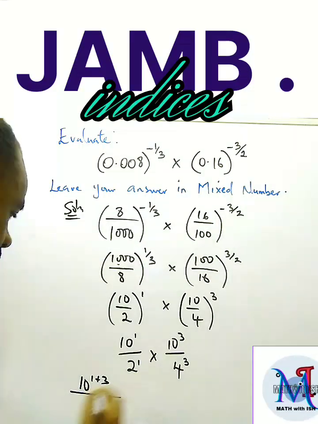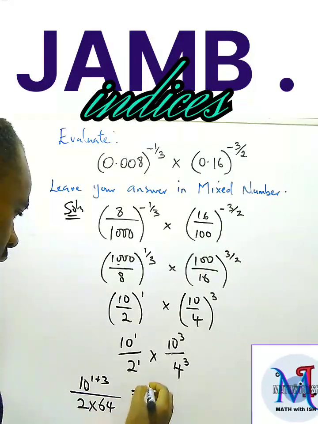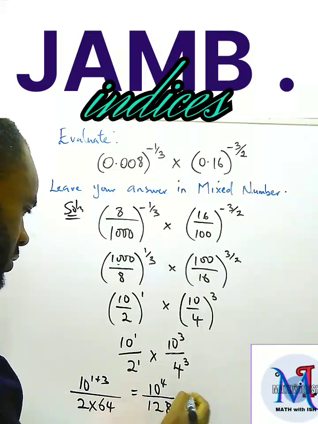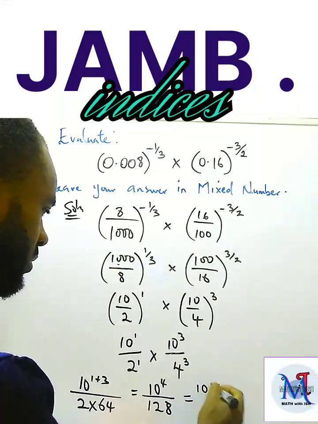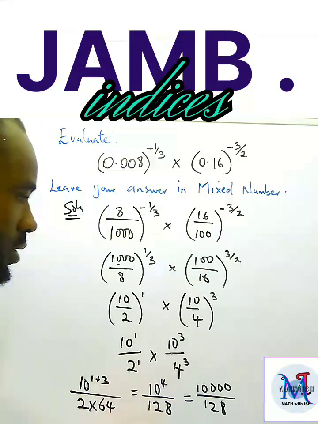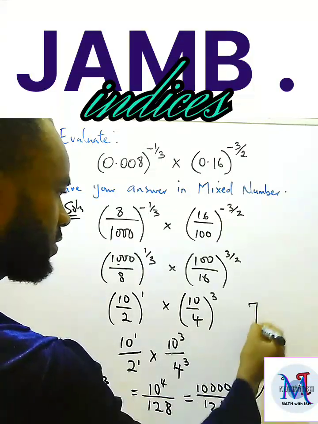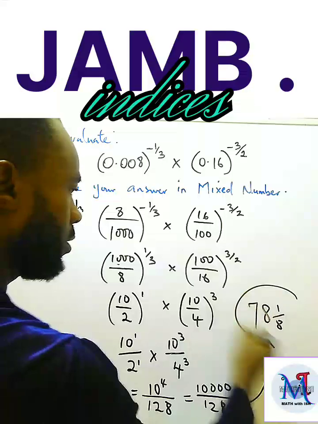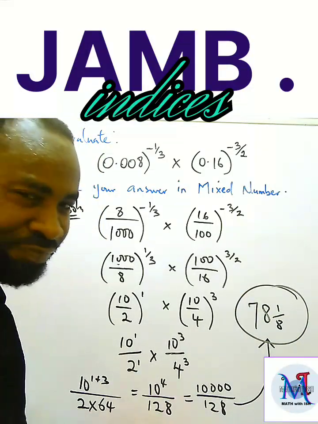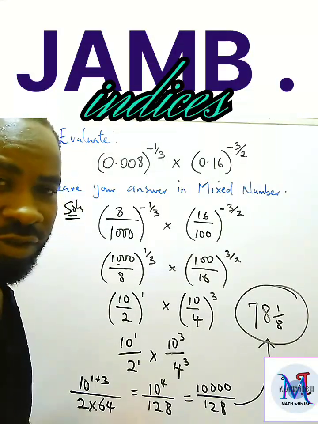Now this is 64, and then this becomes 10 over 4 all over 128, and this becomes rather 10,000 over 128. Okay, and when you simplify this, that will give us 78 whole number 1 over 8, and this is our solution in mixed form.